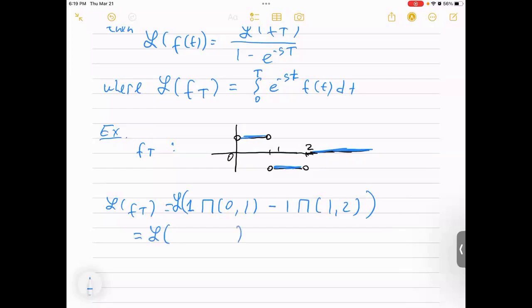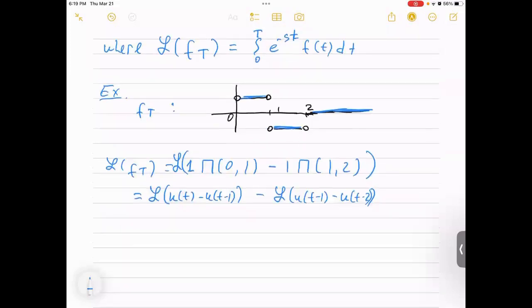The window between 0 and 1 equals u of t minus u of t minus 1, and the window between 1 and 2 is u of t minus 1 minus u of t minus 2.